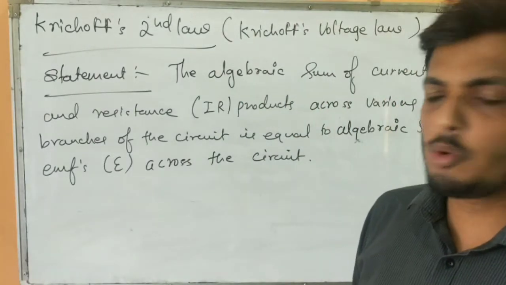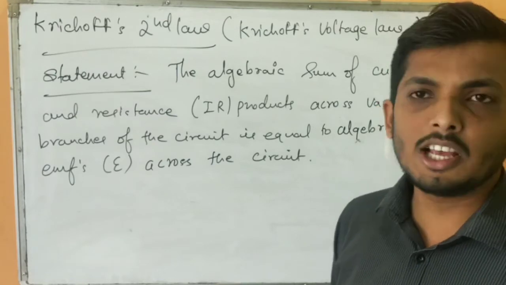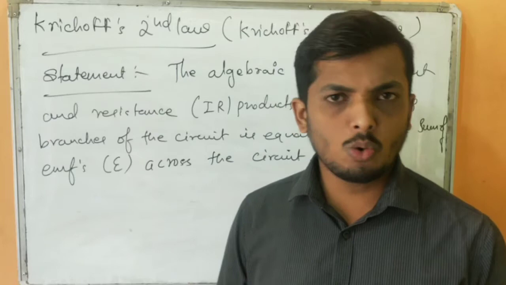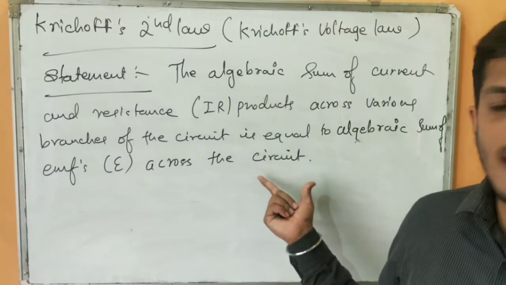If I take IR products in the various branches of the circuit, since we are studying KCL or KVL, we are going to have an electrical network with two or more conductors. Any conductor will have its own IR product.